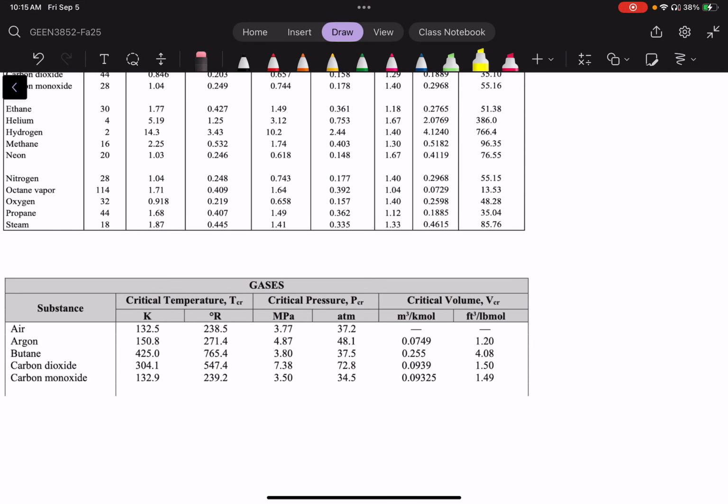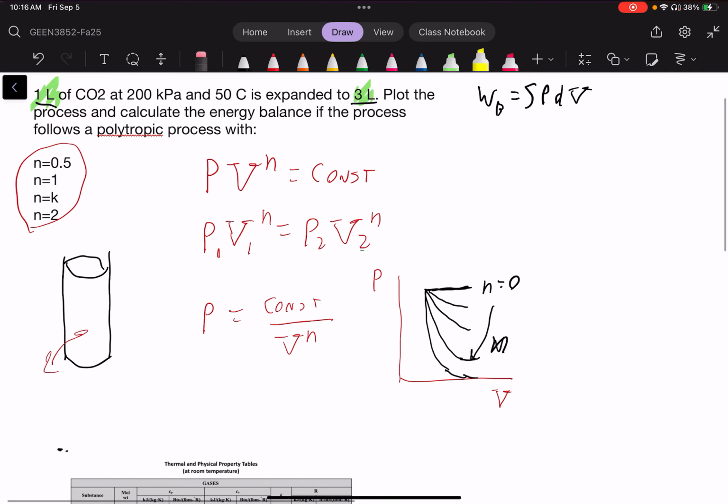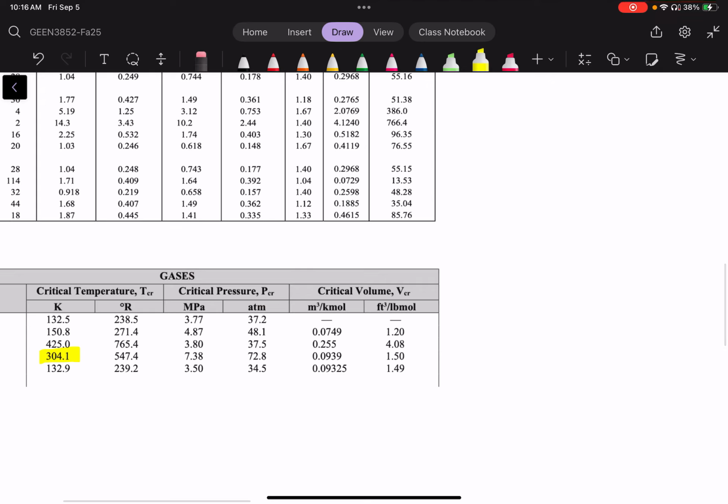We have carbon dioxide, and we can look at the critical temperature. Our initial temperature is 50 degrees Celsius or 323 Kelvin, and so we're higher than the critical temperature. Our pressure is 200 kilopascals, so that's 0.2 megapascals, which is much lower than the critical pressure.